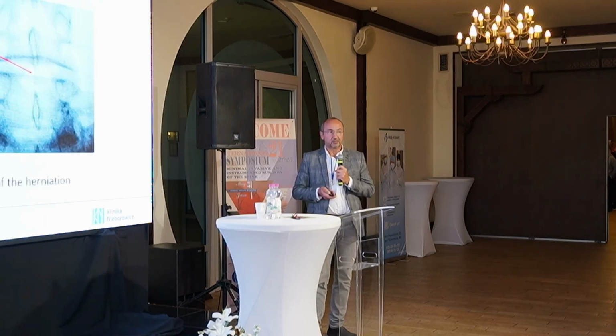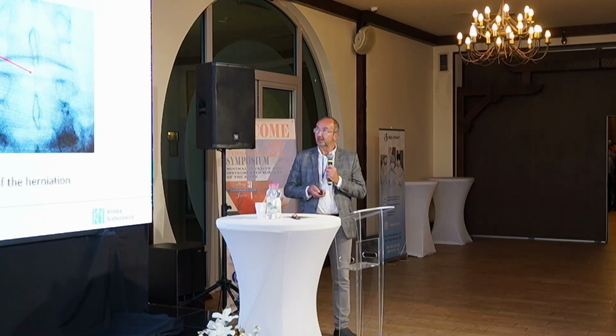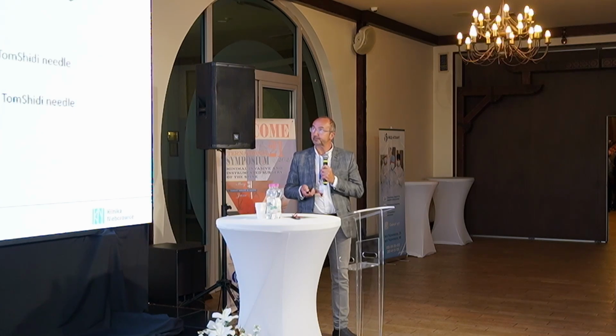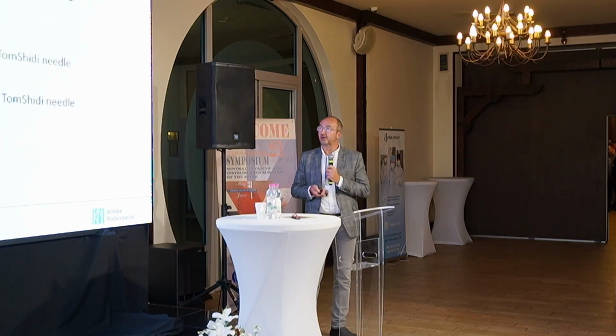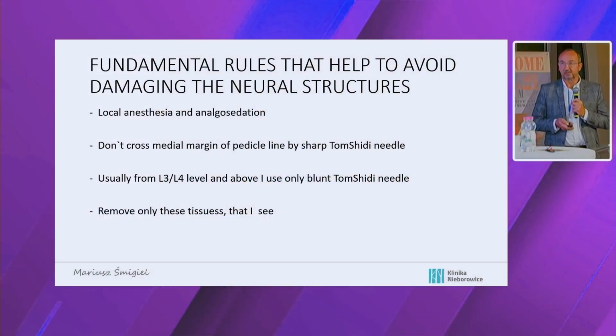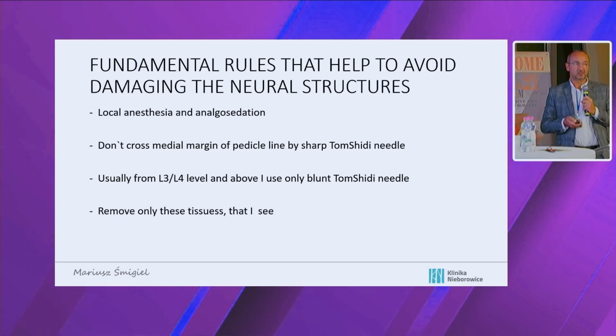The most common approach is from the tip of SAP on lateral view to the upper angle of the vertebra, and on AP view from the tip of SAP to the midline. Of course, the approach depends on the location of the herniation. And what are the rules that help us avoid damaging the neural structures?